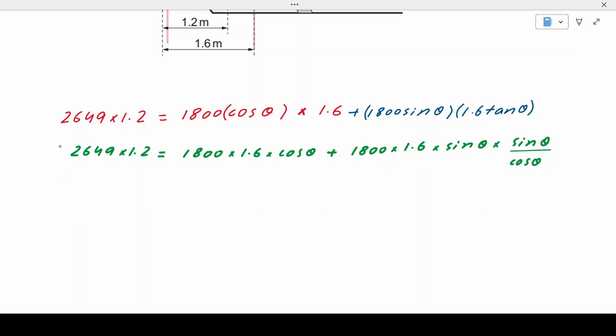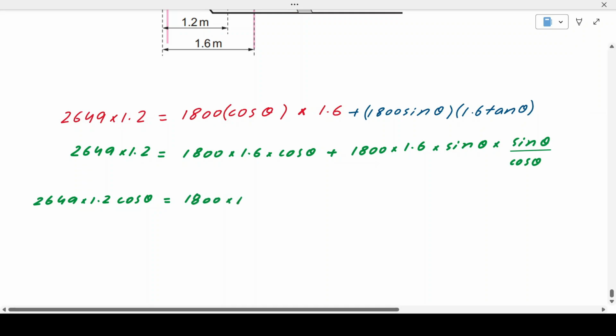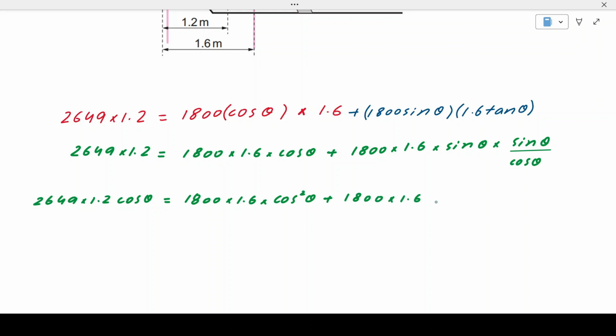What you do is multiply both sides by cos theta. So this side with cos theta, the first term on the right side, there are two terms. The first term is multiplied by cos theta as well, which should be cos square theta, plus the second term is also multiplied by cos theta, and cos theta should be cancelled out. You should be left with this.